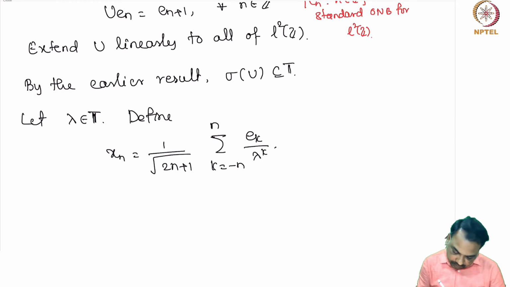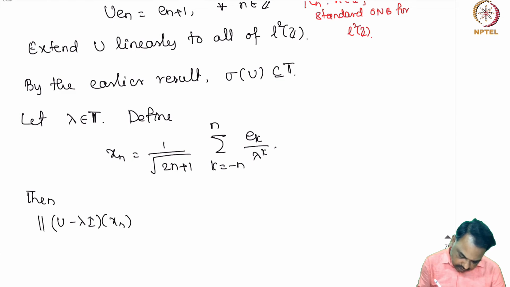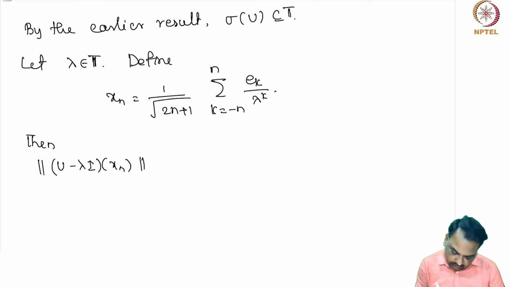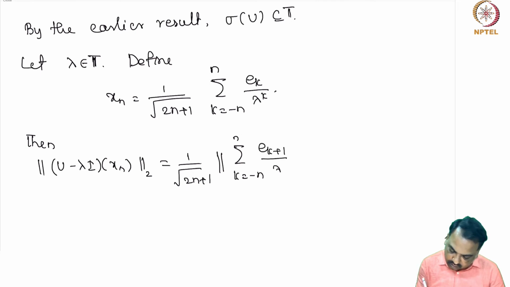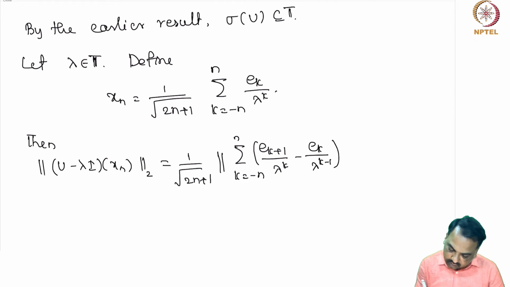Now if you look at (U minus lambda I) at xn, in the L2 norm, this is 1 by root 2n plus 1 times the norm of summation k equal to minus n to n of (E(k plus 1) by lambda power k minus E k by lambda power (k minus 1)).